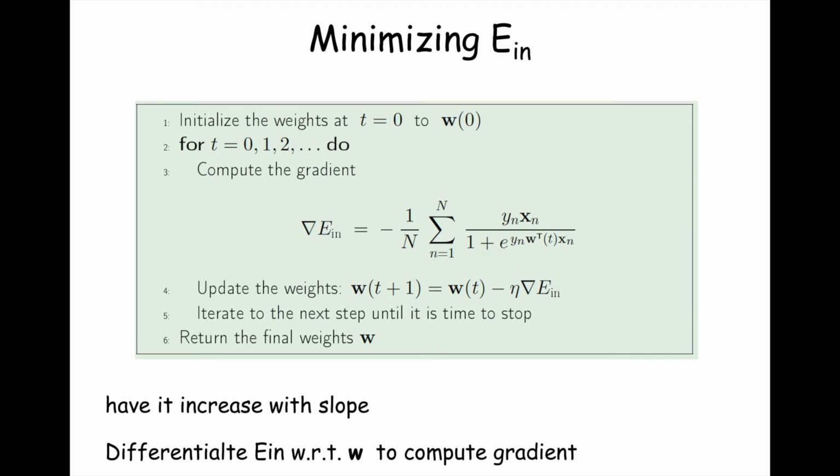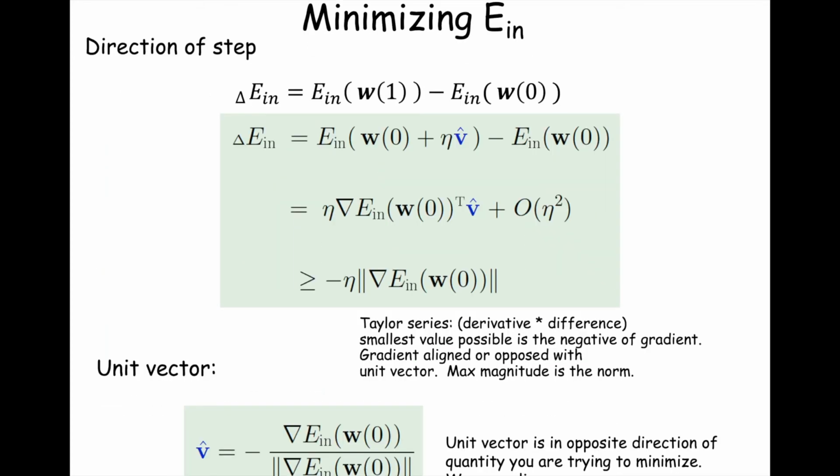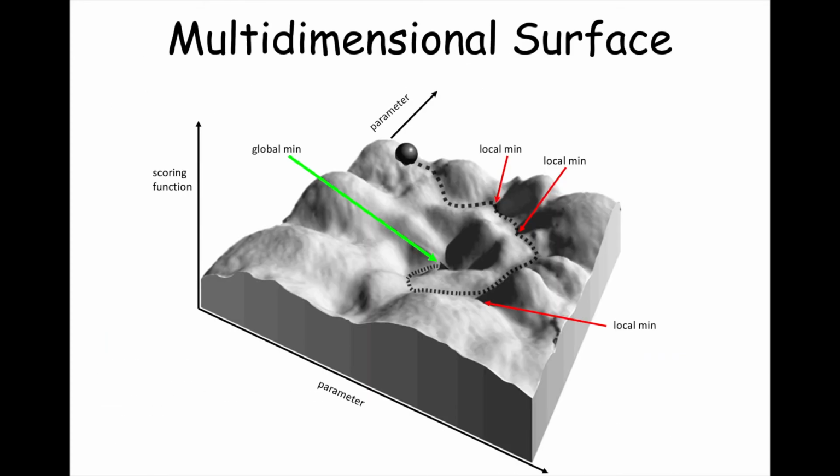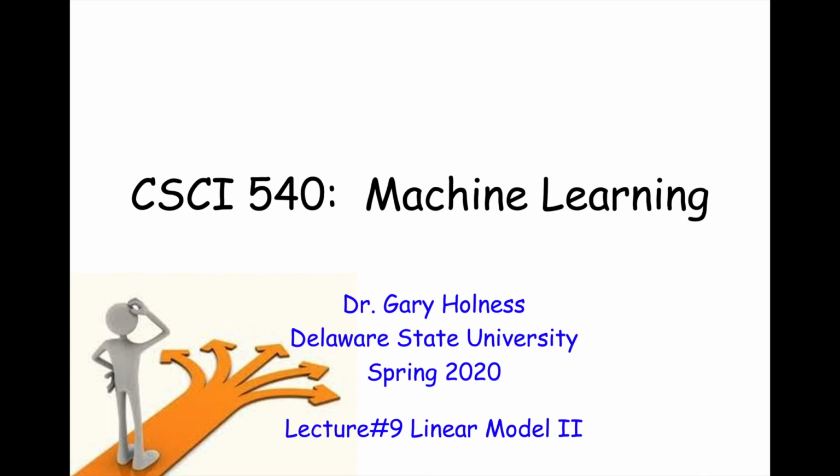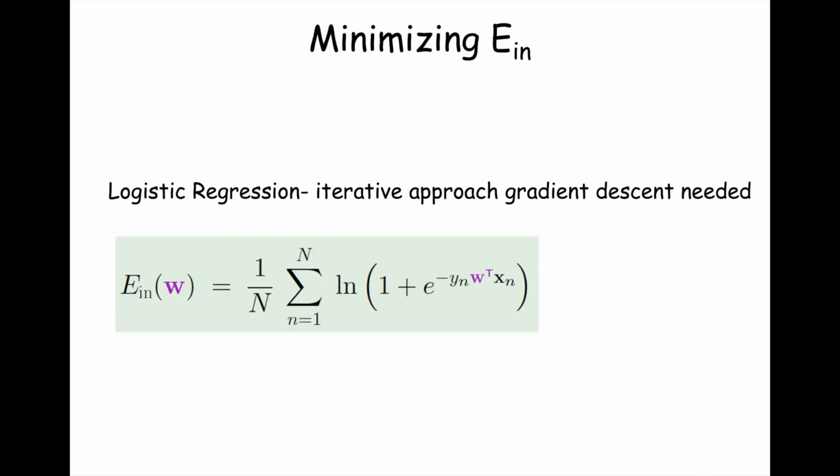Now, if we look back at our expression for in-sample error, if you take ddW of this expression, well, that 1 over n doesn't matter. It's a coefficient that comes out. ddW of a sum, well, the derivative of the sum is the sum of the derivative. And so we take ddW of this log. Well, we do a u substitution. The ddW of this log is 1 over the expression in the parentheses.